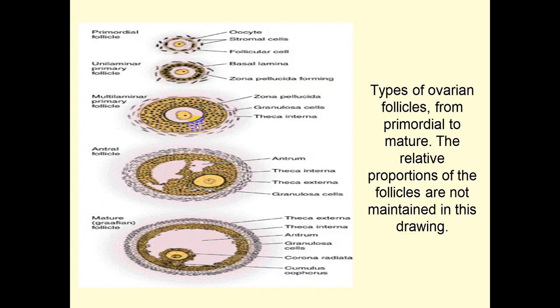If more than one layer of follicular cells appears, it means that it is on the way to the formation of the secondary follicle. When the secondary follicle starts to appear, the thecas, theca externa, theca interna, and granulosa, a layer of granulosa cells, are the innermost layer. Then the antral follicle, which I showed you.